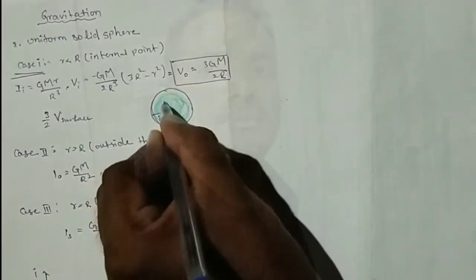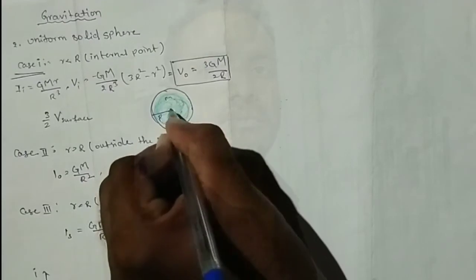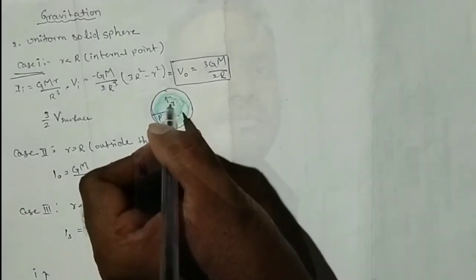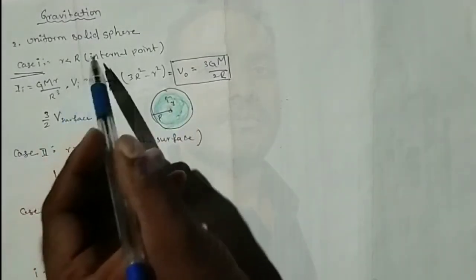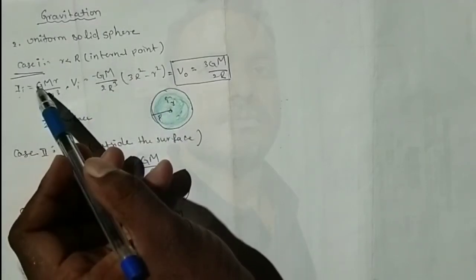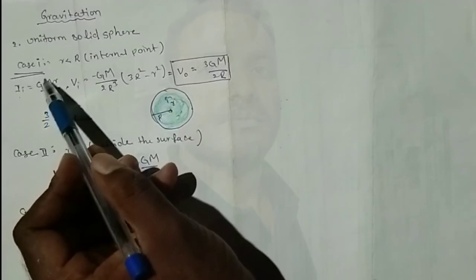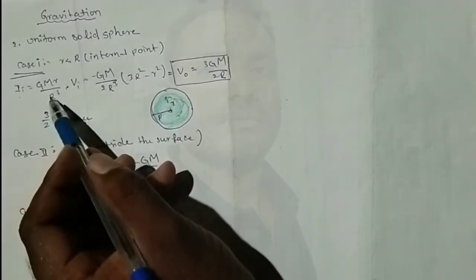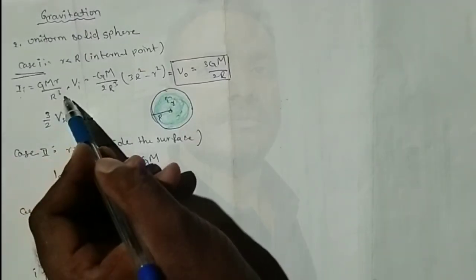Capital R is the radius, inside is small r, right? Internal point, case 1: I is equal to Gm small r by capital R cube.